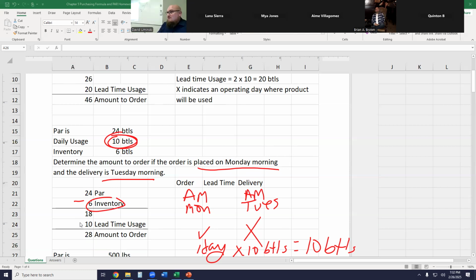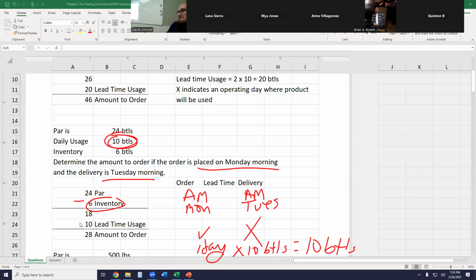But in the real world, you would say, you know what? We're only going to order 24, because that's our par. Depending on what these bottles are, if I'm going to be short 4 bottles, I may say, hey, Aaron, I need you to run to HEB and go get 4 bottles of this, so that way we can make it through until our delivery.